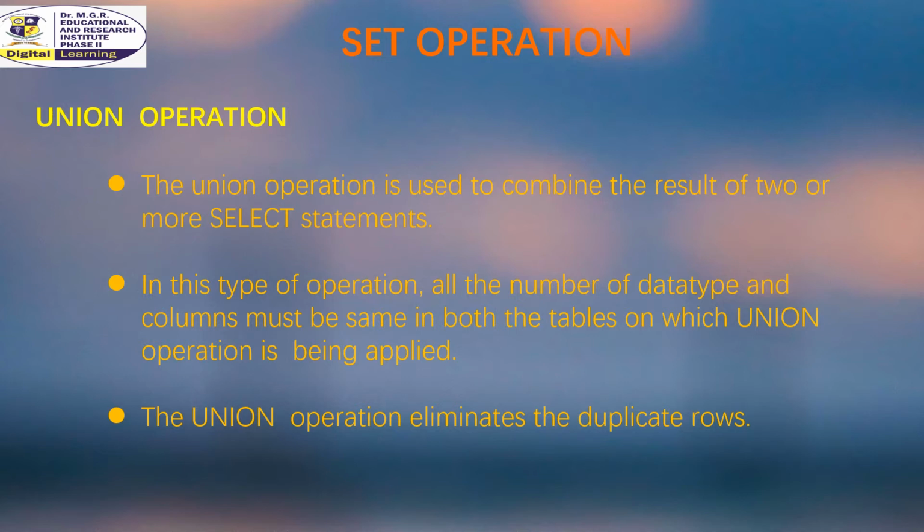Next point will be, in this type of operation, the data types and number of columns must be the same in both the tables on which union operation is being applied. So that means if you want to combine two tables, then the data types and the number of columns should be the same in both the tables. Then the next point will be, the union operation eliminates the duplicate rows.